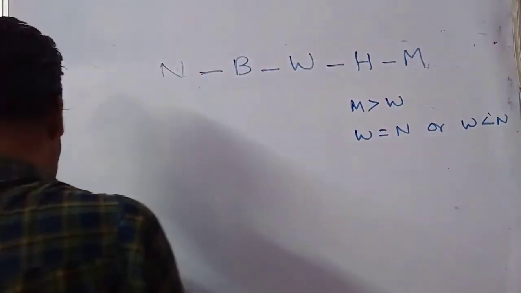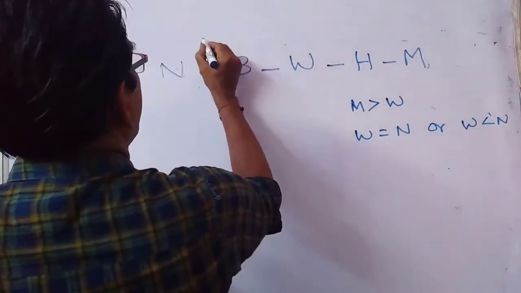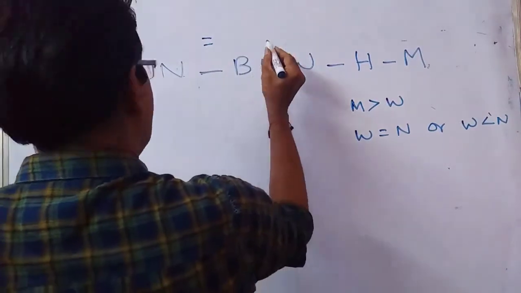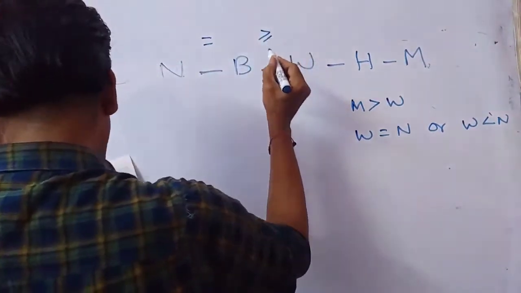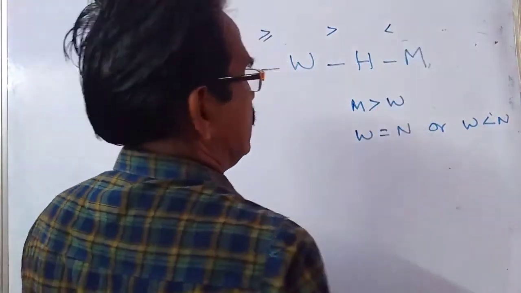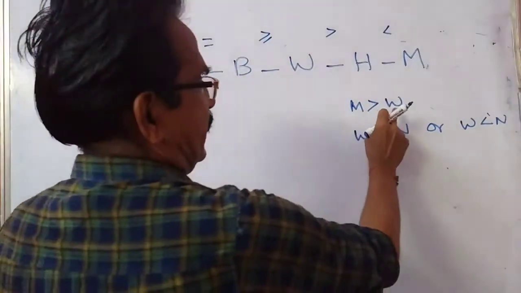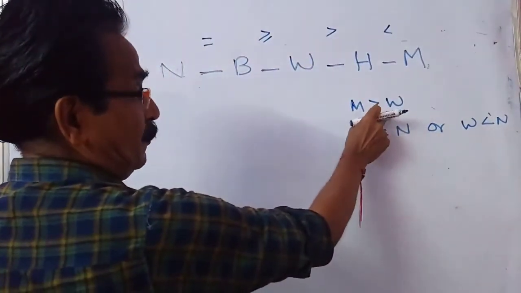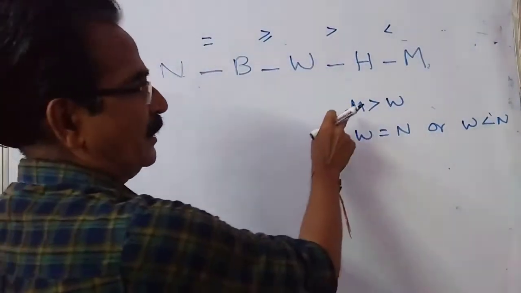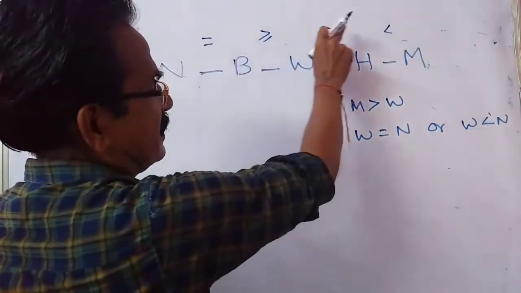So first option is equal to, greater than or equal to, greater than, less than. Let us see whether this conclusion is true with these symbols.